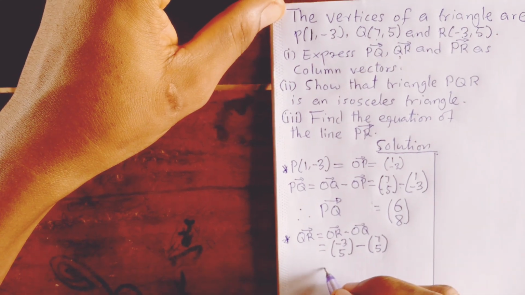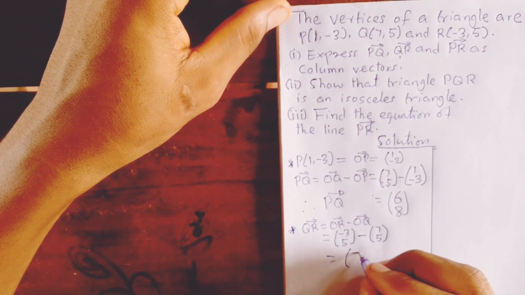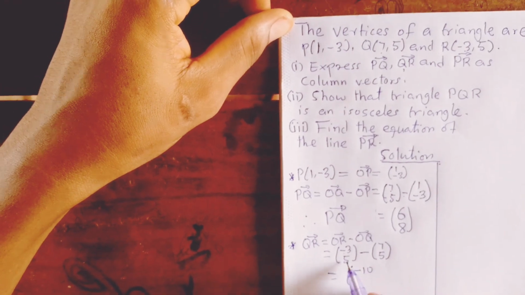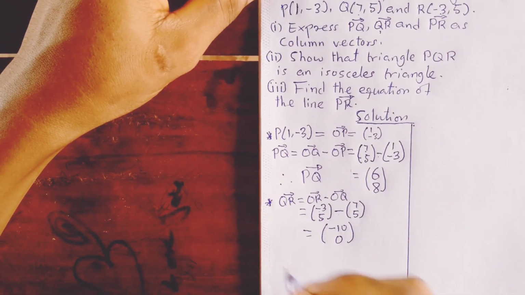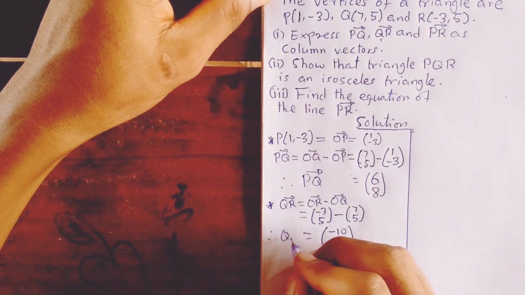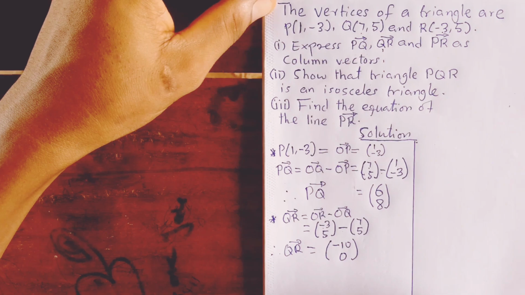So let me do the subtraction. -3 minus 7 will give me -10. Then 5 minus 5 will give me 0. So it means therefore QR is equal to (-10, 0).